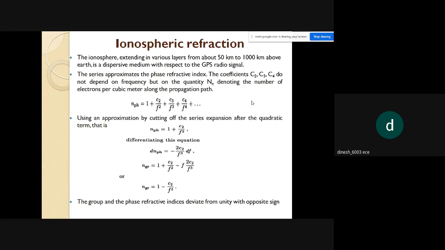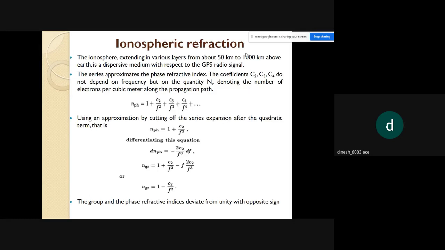So a series of approximations has to be determined by using some coefficients called C2, C3 and C4 that depend not only on frequency but also on the quantity, energy bits per second. Ne represents the number of electrons per cubic meter along the propagation path.